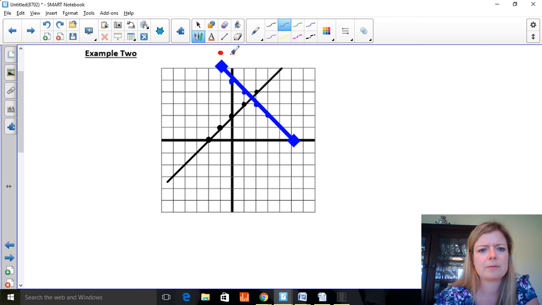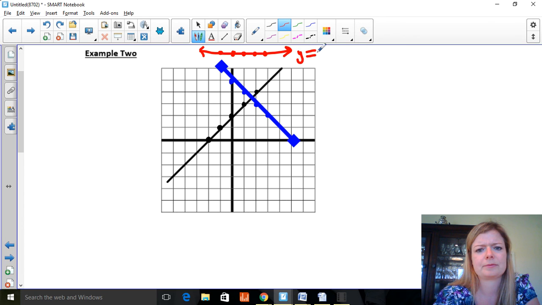Wait, how do these all give me 7? 1, 2, 3 plus 1, 2, 3, 4. These are all giving me a line of 7. This is weird. So this is somehow giving me a perfectly straight line of 7, which is kind of strange.